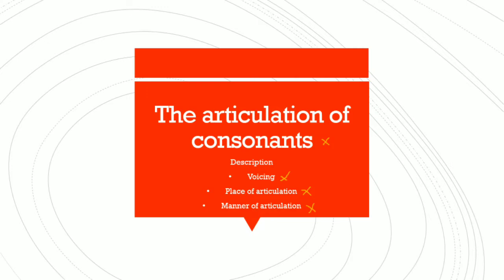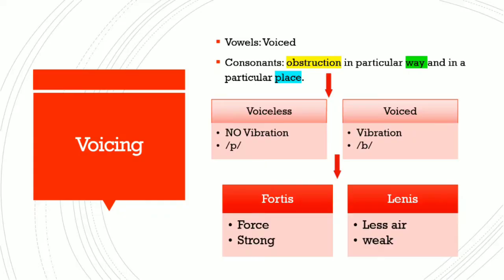Okay? In order to produce consonants, we need obstruction. With vowels, there is no obstruction. That's why vowels are always voiced. But to produce consonants, we need obstruction with any of the articulators we have already mentioned in previous classes. And that obstruction should be in a particular way and in a particular place.